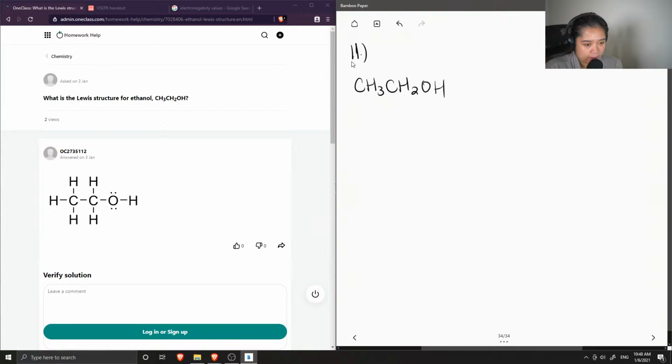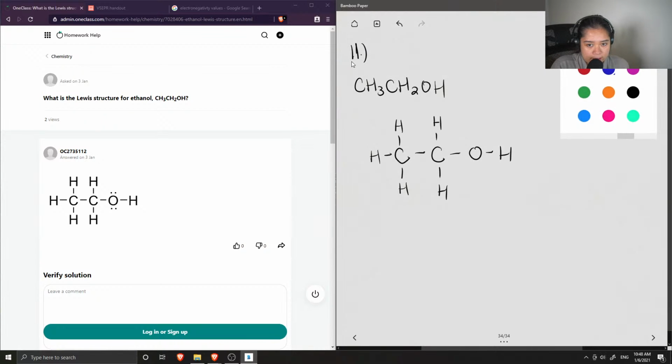So before even calculating the number of valence electrons, we can kind of guess that since it was written this way, that this first carbon has the 3 hydrogens, the second carbon has the 2, which is bonded to an oxygen and another hydrogen at the end to form an alcohol group.